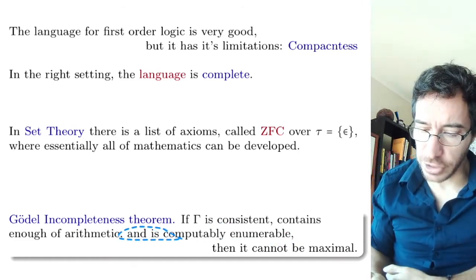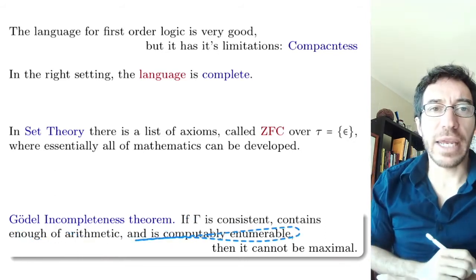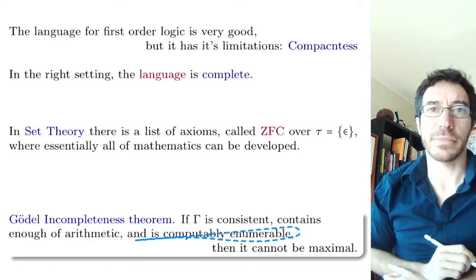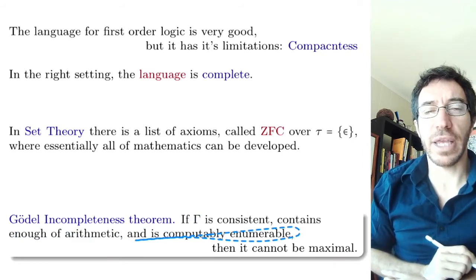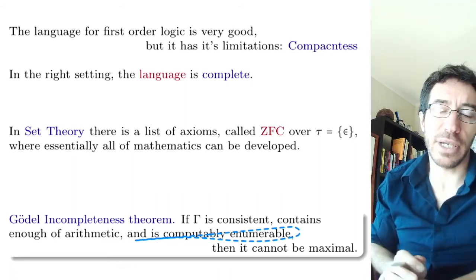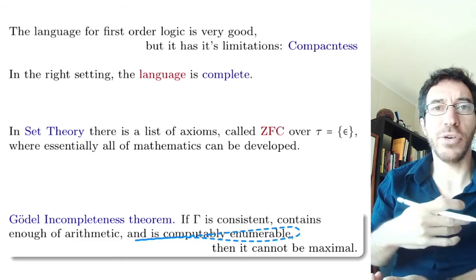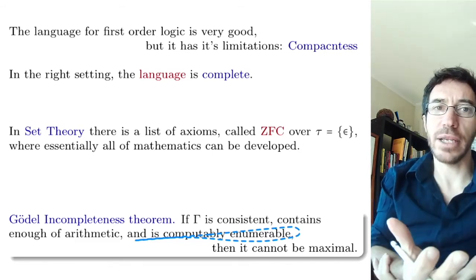So if you have this, consistent, containing enough arithmetic, and computably enumerable, it cannot be maximal. It cannot contain everything and its negation. And actually, if a set of axioms is computably enumerable, then the theorems that it proves are still computably enumerable.